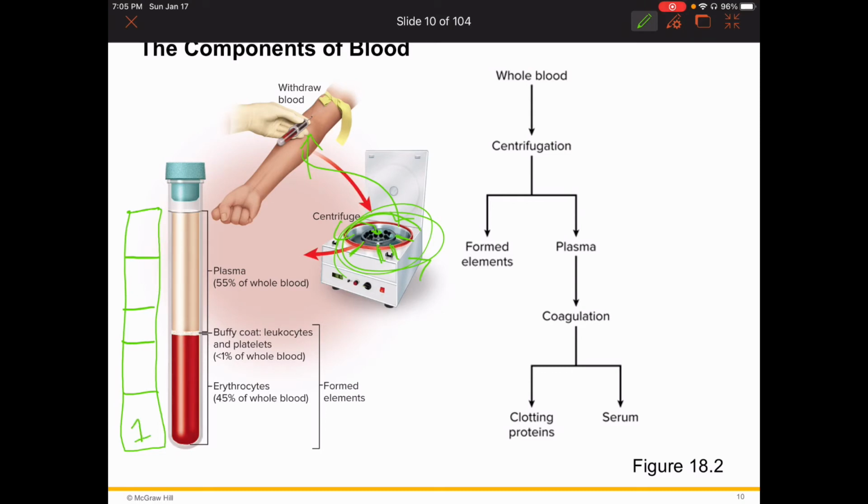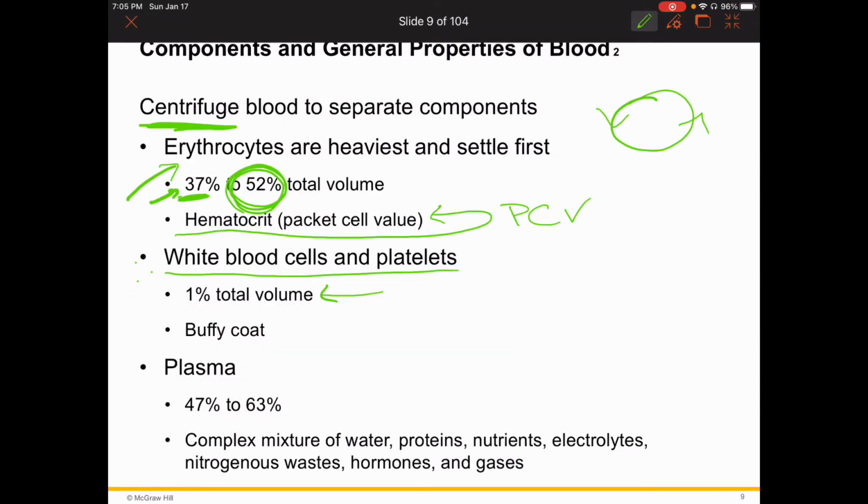There's 1 centimeter, 2, 3, 4, 5. That should be more of a 4. That looks like a 4. Okay, we're going to look at it right around here, right? So you literally just measure it, okay? And that's what we do in the labs. So if you're in our A&P labs, we will be doing that, okay?